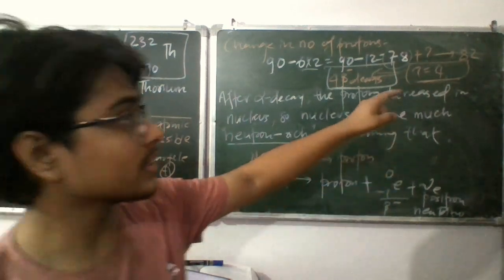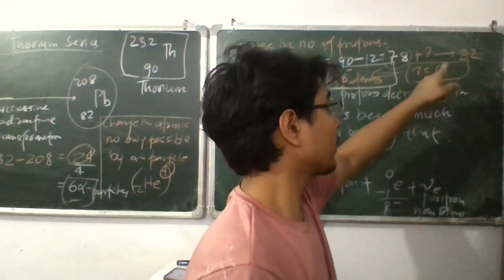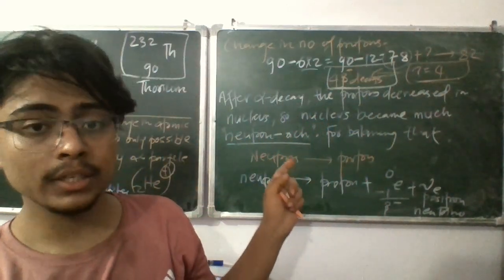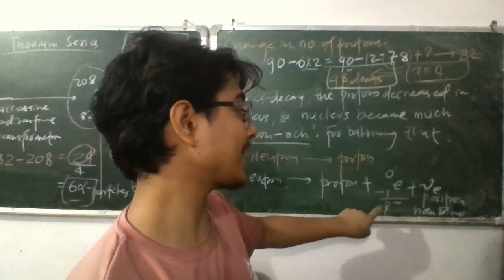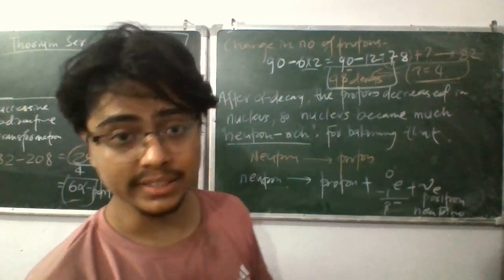So what is this difference between 82 and 78? It's 4, right? So what is this 4? Actually, this 4 is the number of beta negative decays that happened in the series.